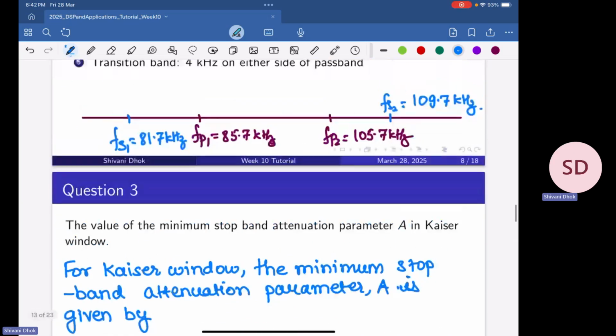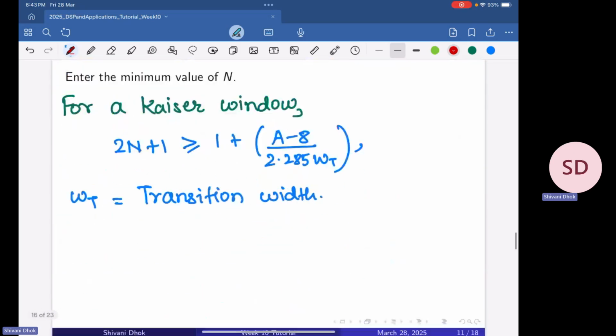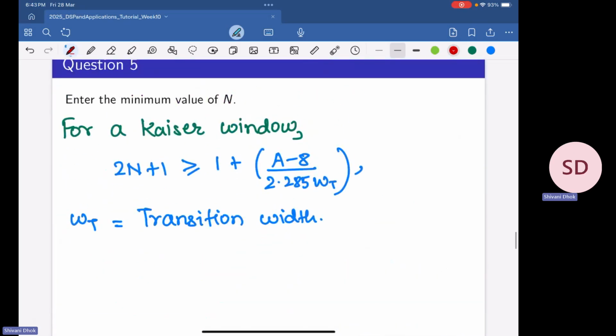Okay. In our specifications, we are given transition widths. So these are basically my FTs. We have these transition widths, and we will be using this. These are in the analog domain. However, this omega t here is the digital angular frequency or normalized frequency.